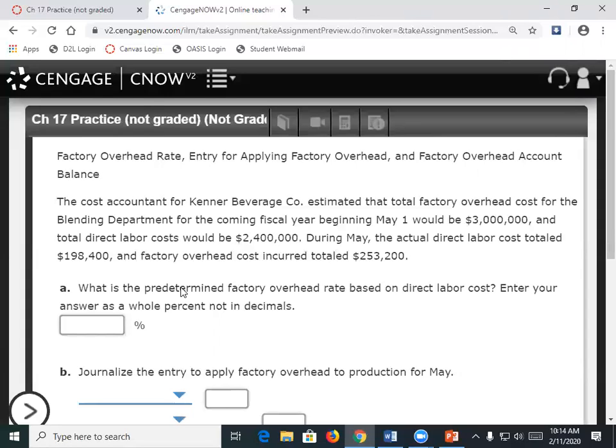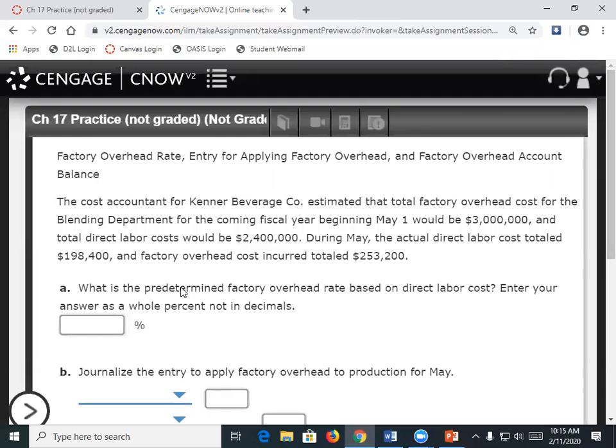To calculate a factory overhead rate, you always take your estimated total overhead, which they gave us at $3 million, and divide it by whatever your cost driver is: direct labor, $2.4 million.